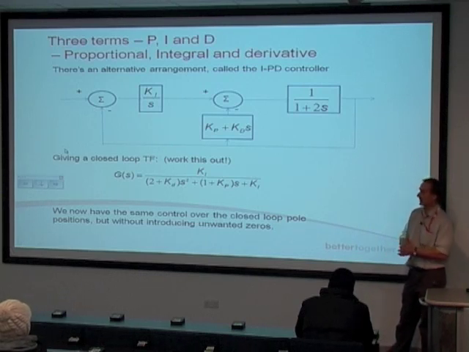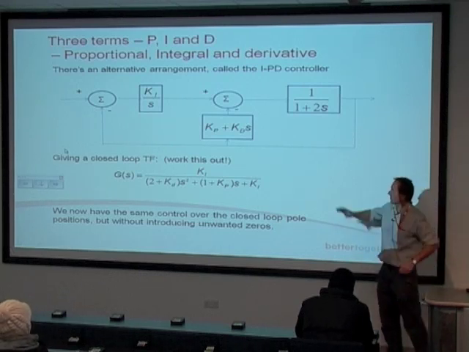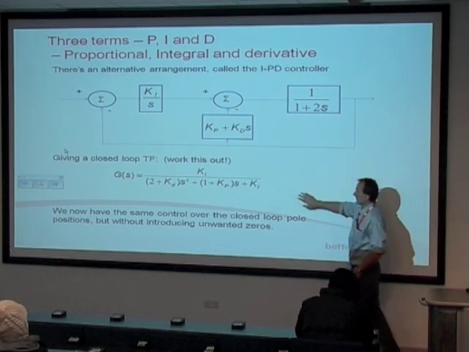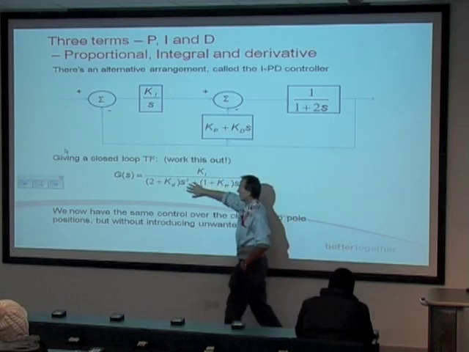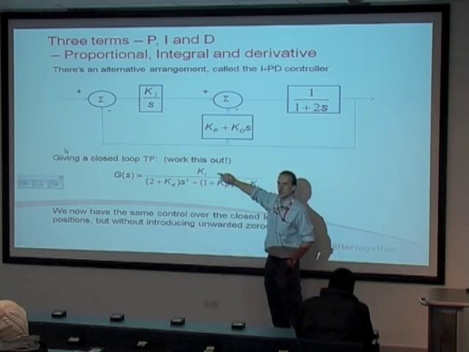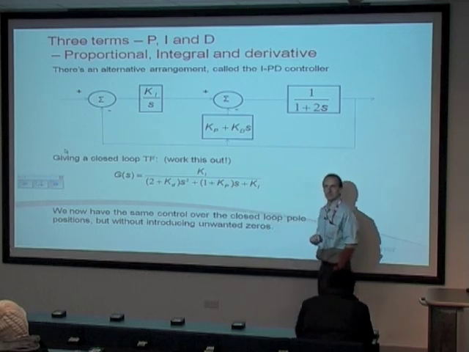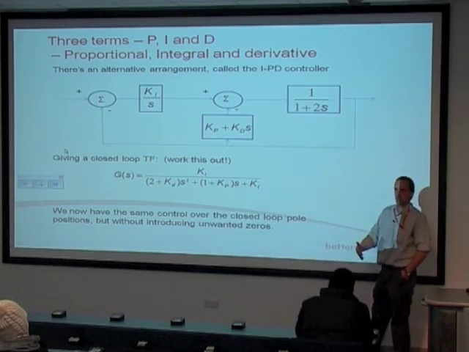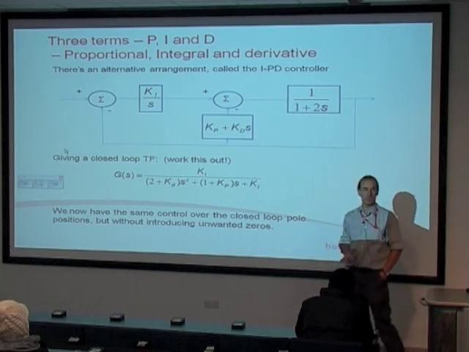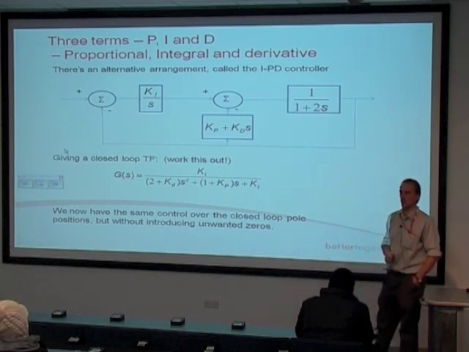Bit of block diagram practice. And by configuring my three-term controller this way, I come up with the same fully adjustable denominator with no zeros, which makes my design process of how to design this controller very much simpler. I just don't have to worry about the effect of the zeros.